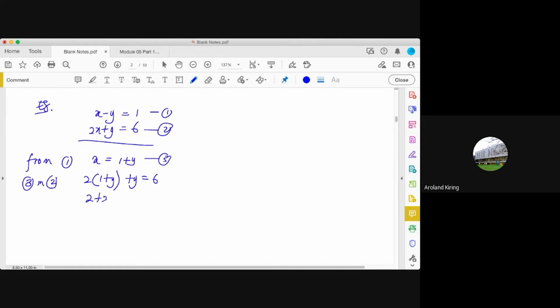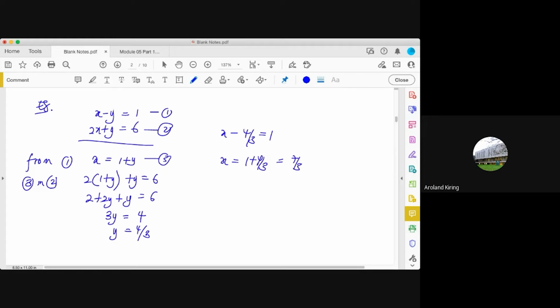If you solve it, you have 3y equal to 4. So your y would be 4 divided by 3. You use this y and put it back inside your equation 1, so you can get your x. So your x would be equal to 7 over 3.